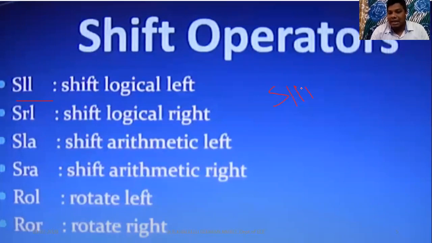If I write SRL 2, it will shift right by 2 bits. Next, we have SLA, shift arithmetic left, and SRA, shift arithmetic right. Then we have ROL for rotating left and ROR for rotating right. These are all the shift operators associated with VHDL.